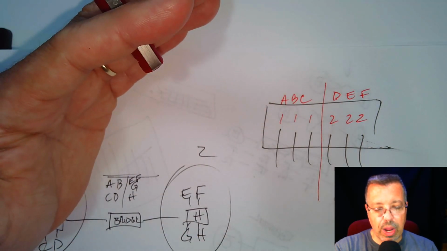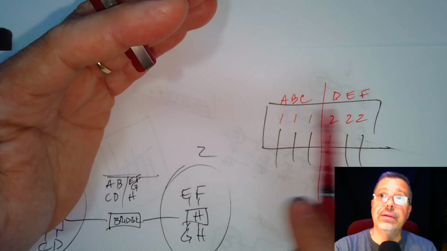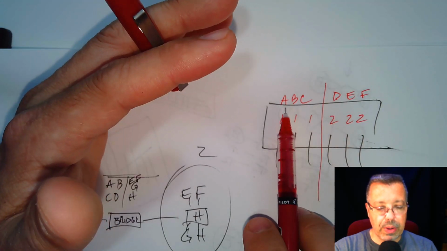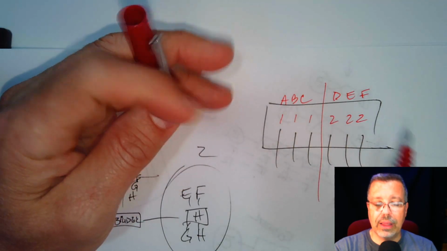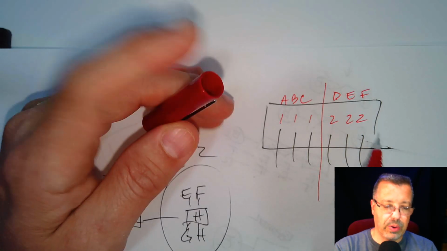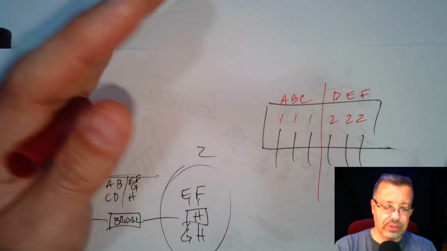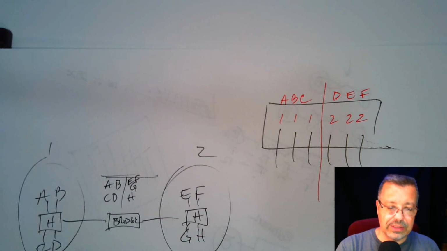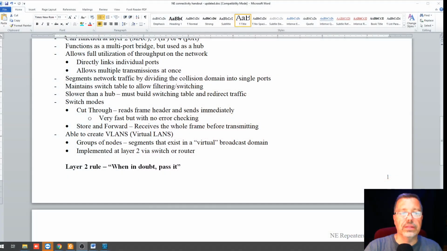We can still get from A to D, but it's not acting like a router. It's doing some similar things to a router, but in this case, the definition is it's subdividing. It's creating additional broadcast domains, segmenting into virtual broadcast domains, so the traffic doesn't go everywhere.